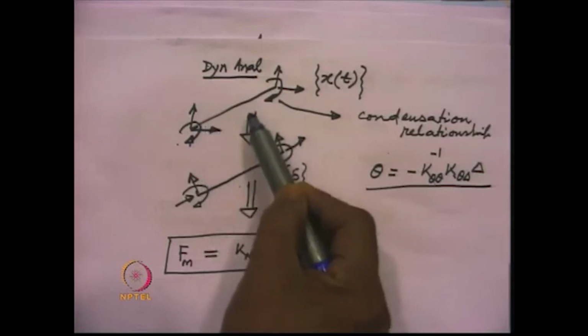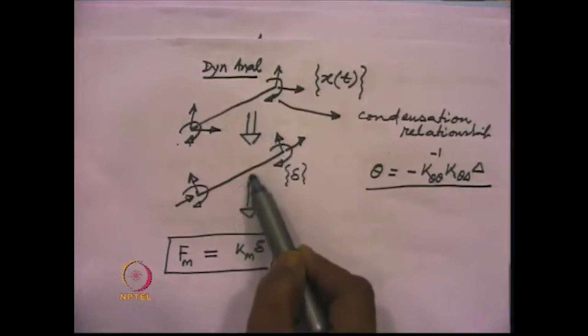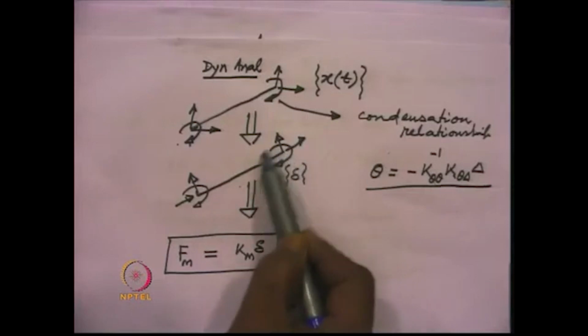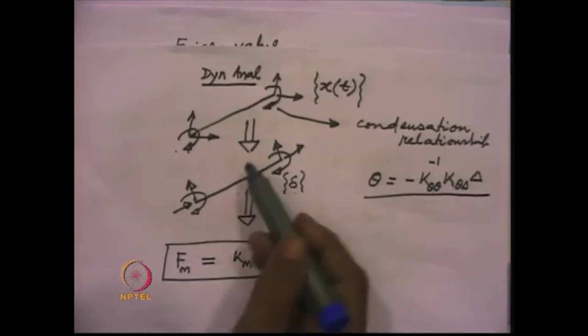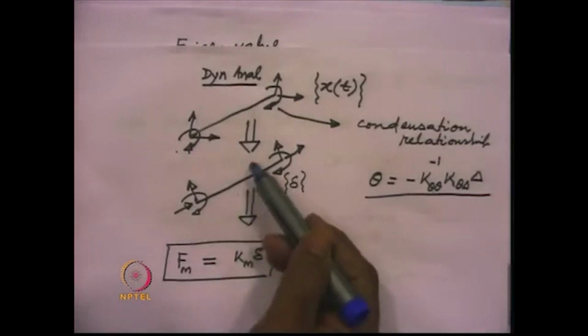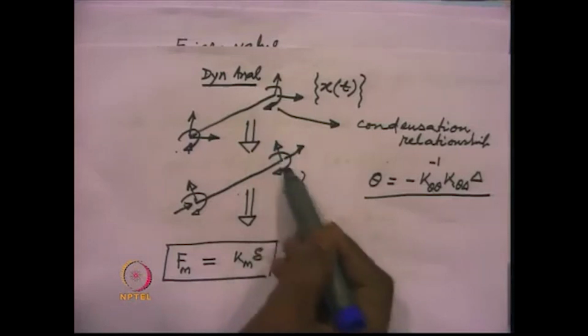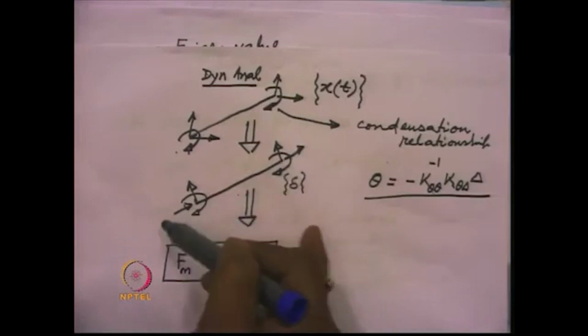Now, from the global coordinate we convert this to the local coordinate system. For that we use the transformation matrix. Using the transformation matrix, one can obtain these displacements and rotations in the local coordinates.